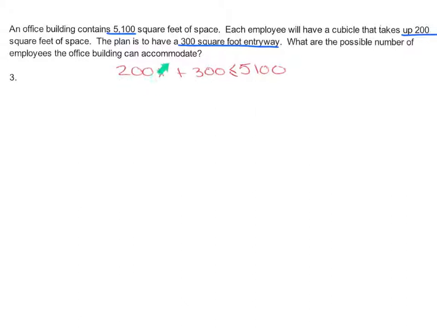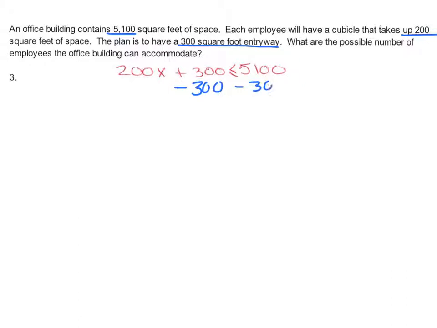The X is the number of employees you have, because each employee will get 200 square feet, plus the 300 square foot entryway that they want to set up. So our inequality for this problem would be 200x plus 300 is less than or equal to 5,100. So from there, we can solve this inequality. We would subtract 300 from both sides.